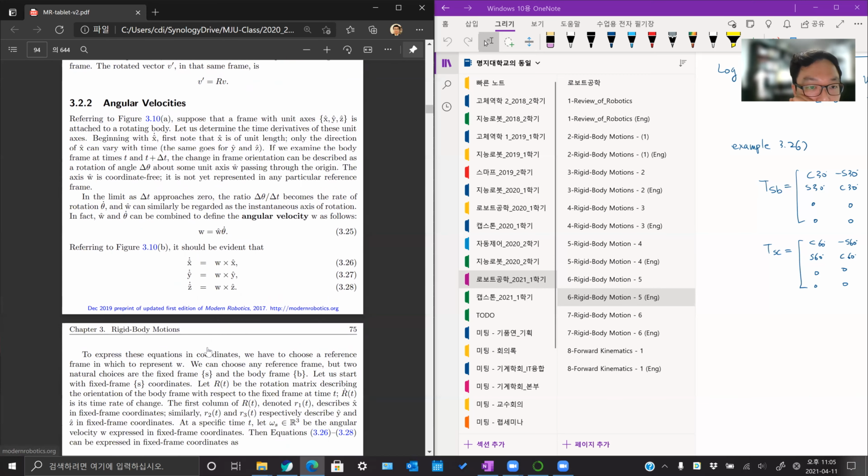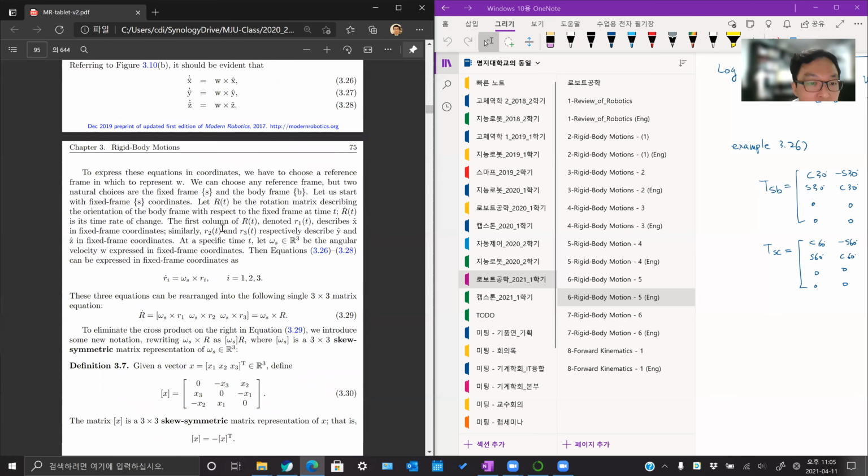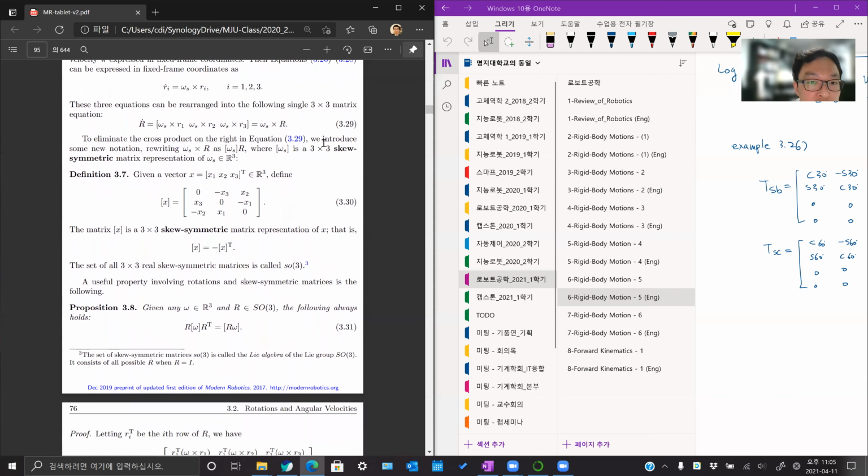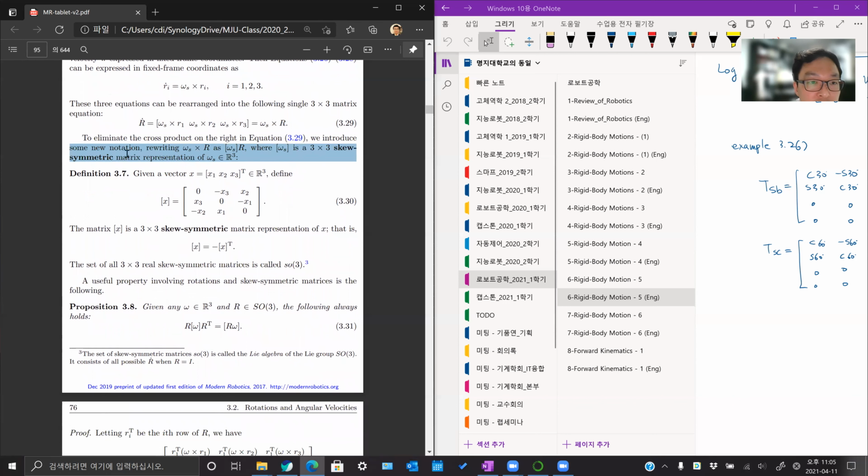And also we learned about the angular velocity, and in here the 3 by 3 skew symmetric matrix was important. Actually, skew symmetric matrix is small SO3. So we learned about large SO3, small SO3.